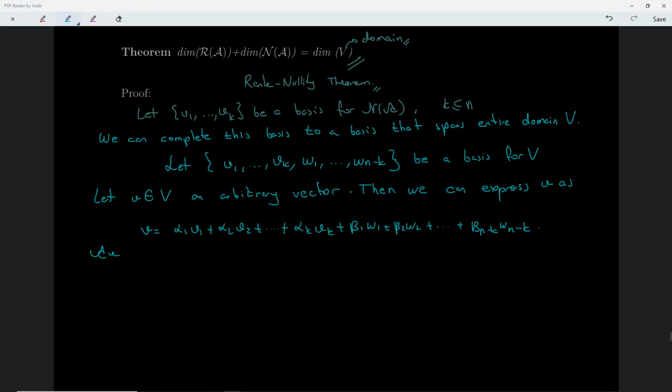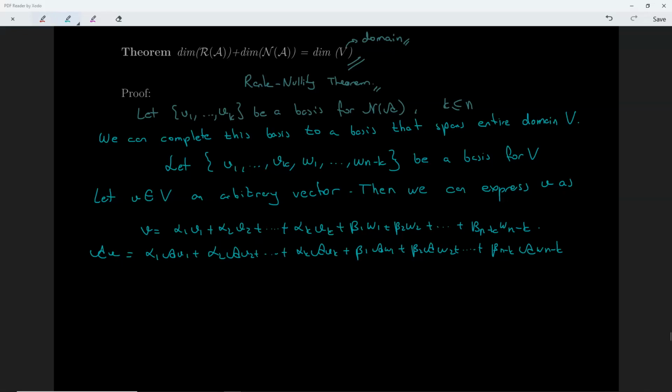So Av is equal to, since this is a linear transformation, alpha 1 Av1 plus alpha 2 Av2 plus alpha k Avk, and then beta 1 Aw1 plus beta 2 Aw2 and lastly beta n minus k Aw n minus k.